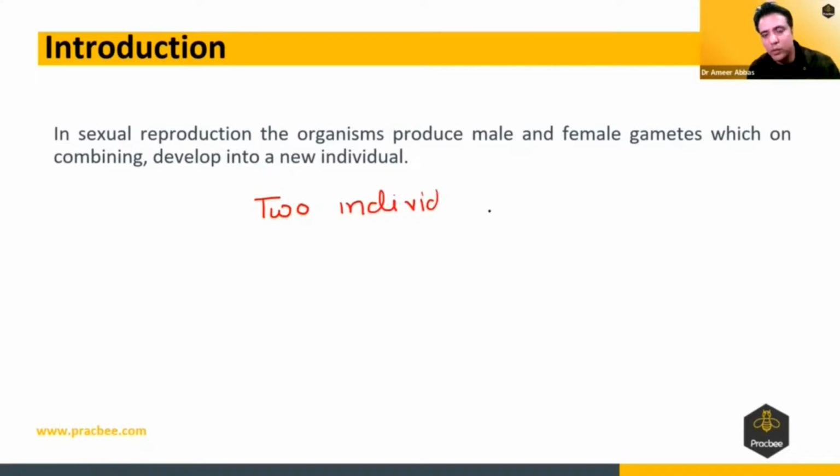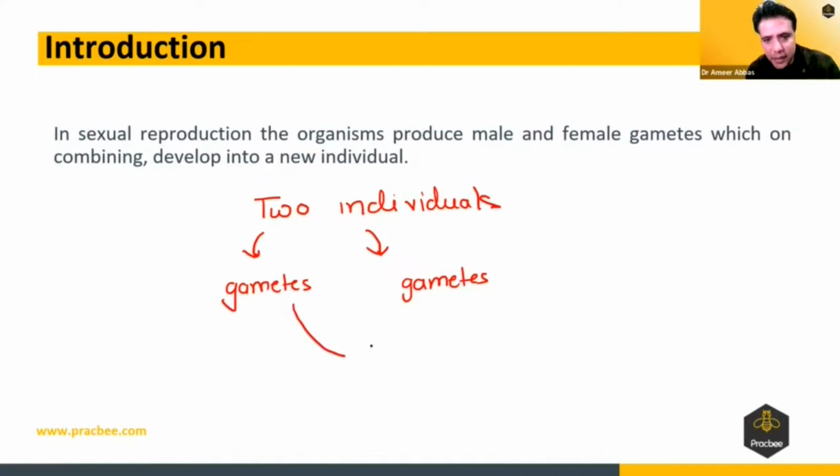At least two individuals are required, and these two individuals will produce gametes, and these gametes will fuse. Fusion is a sort of sexual process. Humans reproduce sexually.